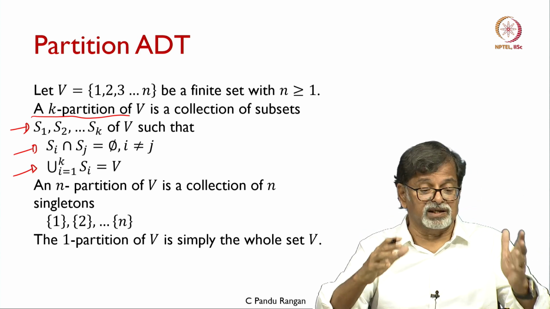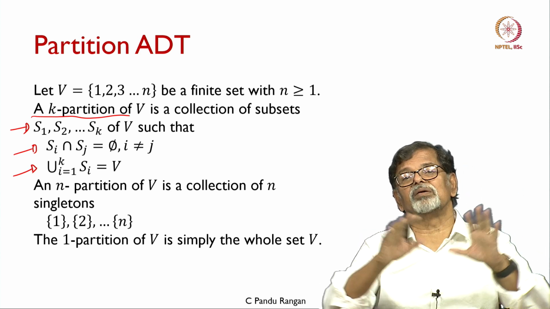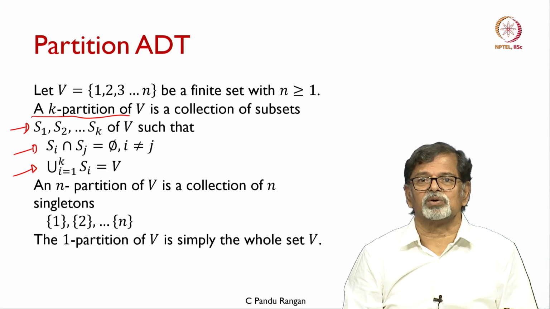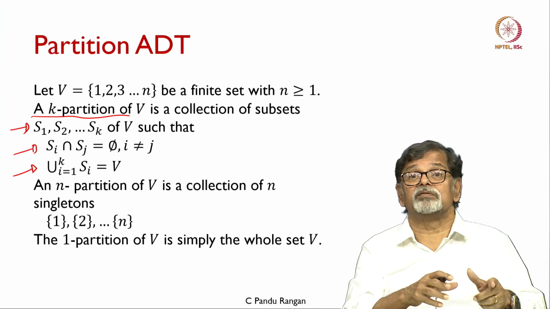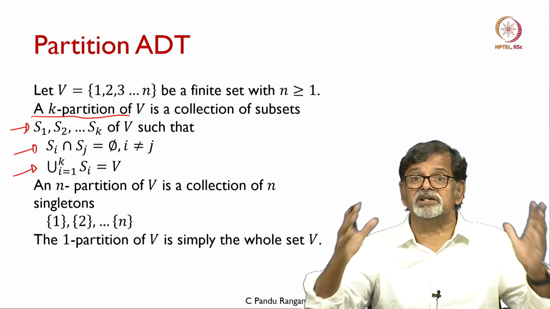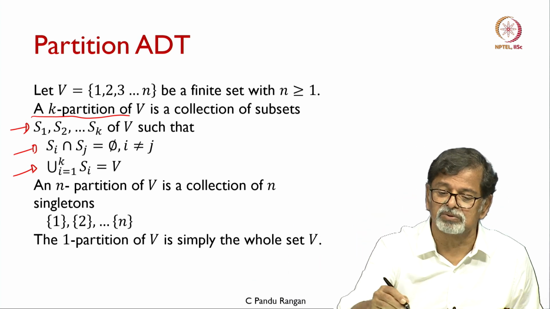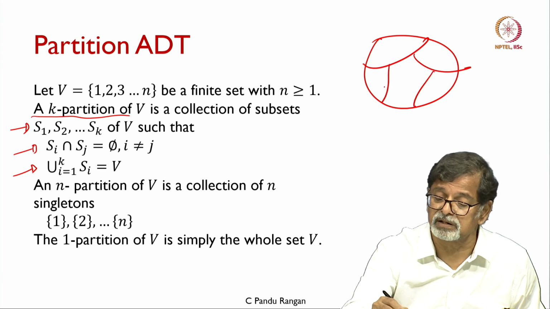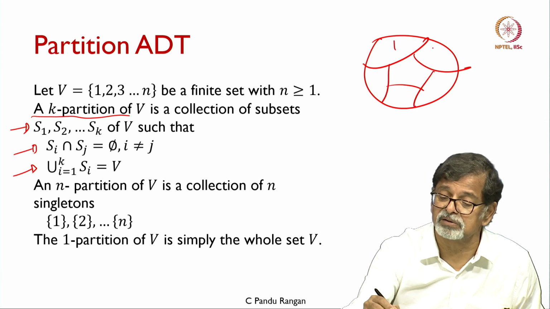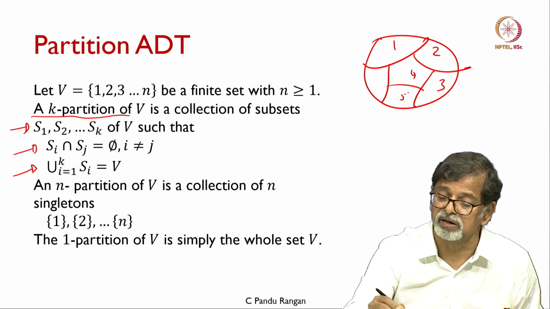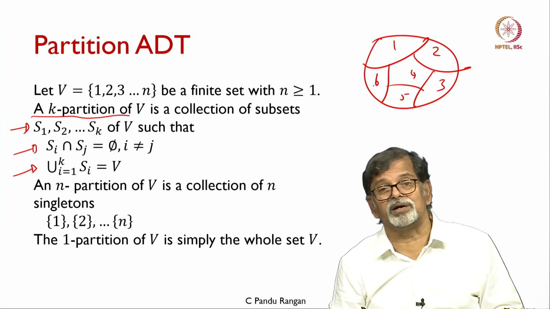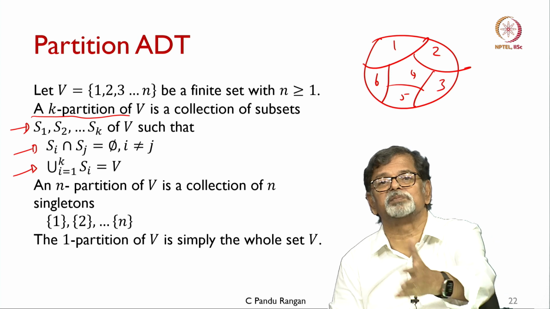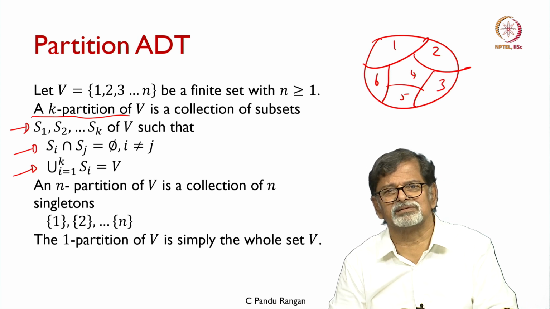Union of Si is V and any two of them are disjoint. This is called a partition of V. Here I have split V into K disjoint parts. So, if this is V, you can imagine a partition like this: you have 1, 2, 3, 4, 5, 6 disjoint sets. This is a 6 partition example.